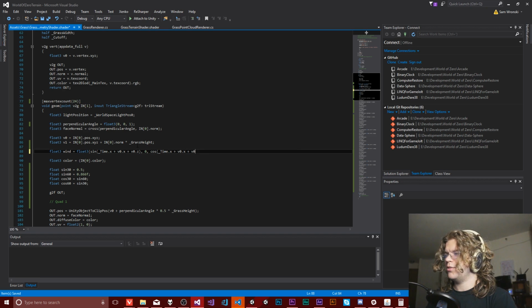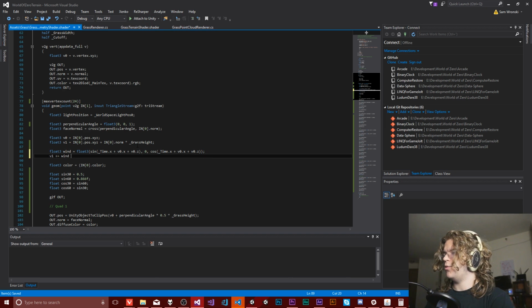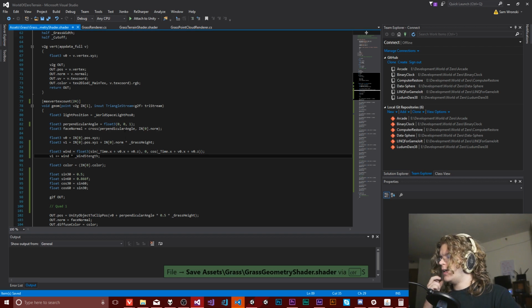we can just do V0.z and just multiply it like that. And then V1 plus equals the wind times our wind strength, which we don't have yet. And yeah, that should be good.